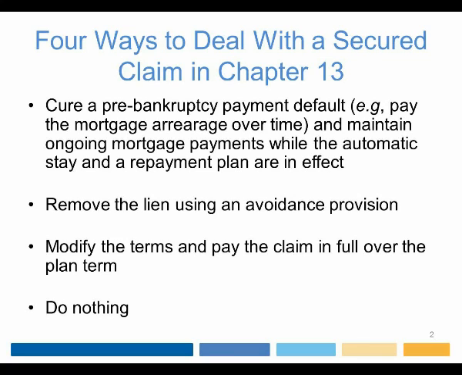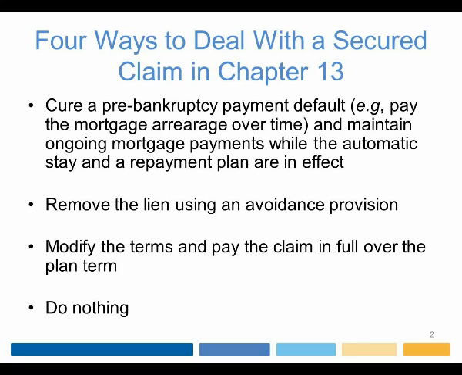One, and probably the most common, is for the consumer to propose a plan in a Chapter 13 where they're going to cure a mortgage default. So they're going to get time in the bankruptcy, usually 3 to 5 years, to spread out an arrearage, the amount that they're in default, over that period of time and repay it, and ideally complete the plan, come out of bankruptcy, and their mortgage is fully current.